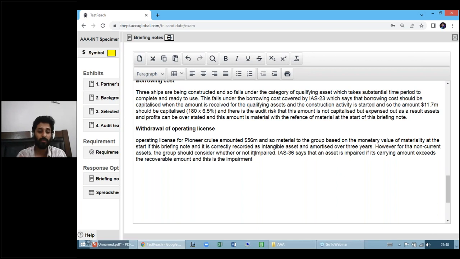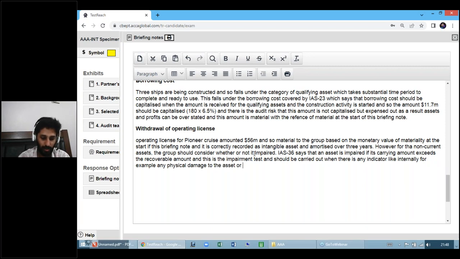When you compare carrying amount with your recoverable amount, this is known as the impairment test, and it should be carried out when there is any indicator, like internally, for example, any physical damage to the asset, or externally, like a change in the law.